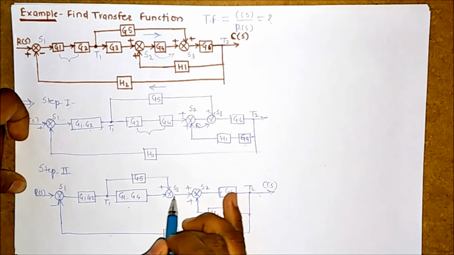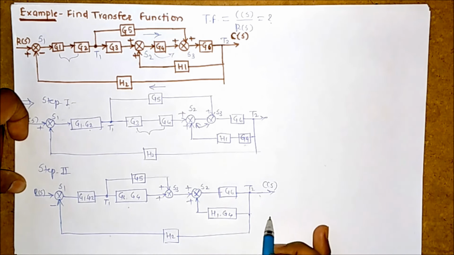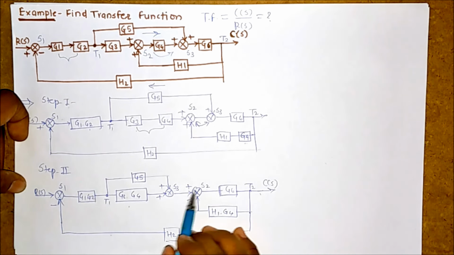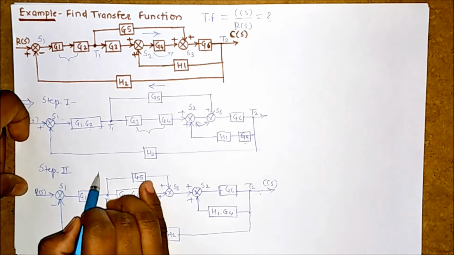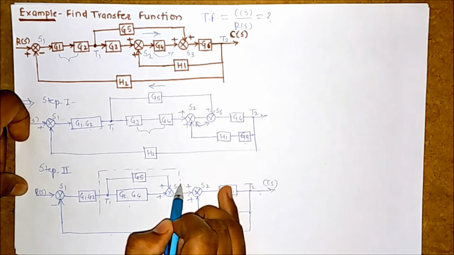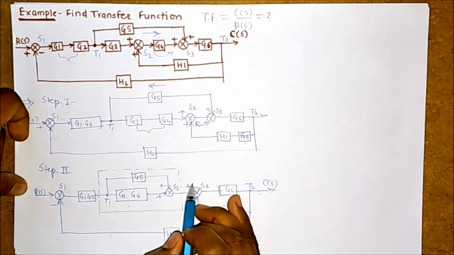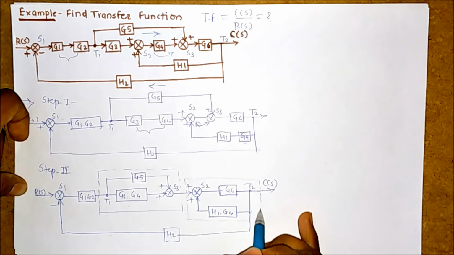This one is positive, this one is also positive. Now here we have interchanged the S2 and S3 summing points. Now if you look here, this one is a parallel loop, this one is having a feedback loop.